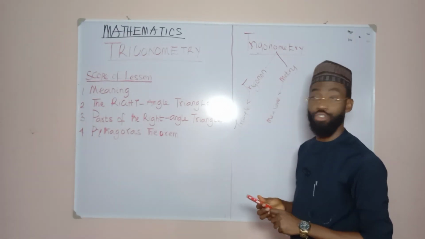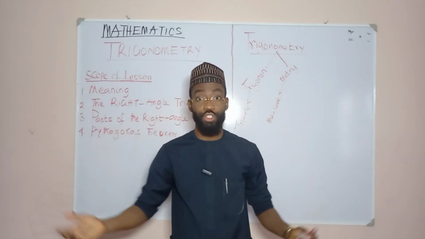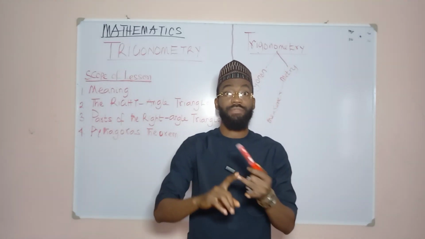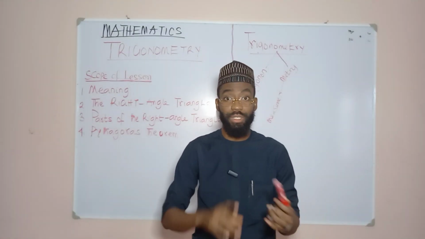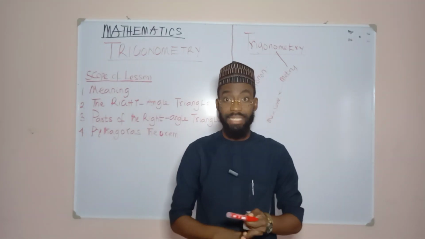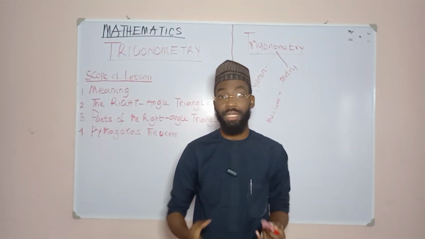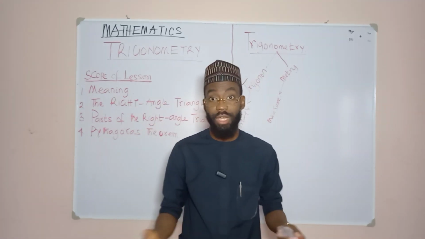For the purpose of knowledge, we have different types of triangles. We have the classification of triangles based on sides, and the classification based on angles. Based on sides, we have the equilateral triangle, the isosceles triangle, and the scalene. Based on angles, we have the acute angle triangle, the obtuse angle triangle, and the right angle triangle, of course.